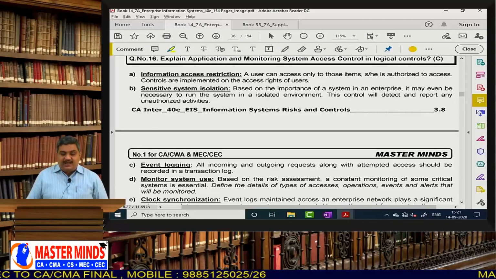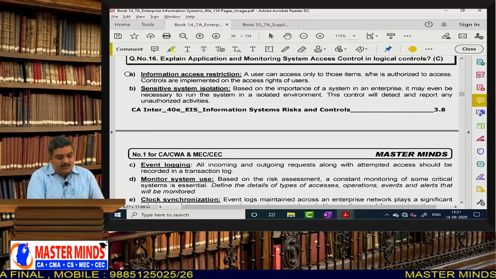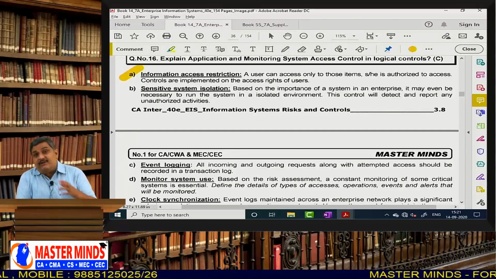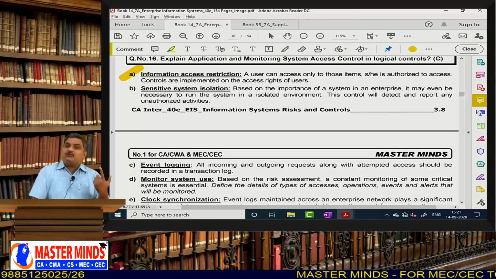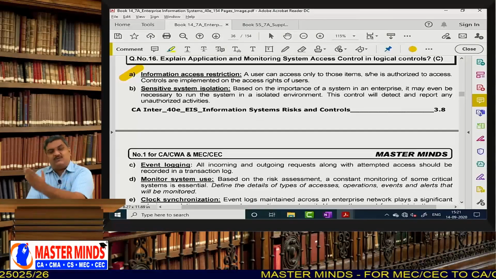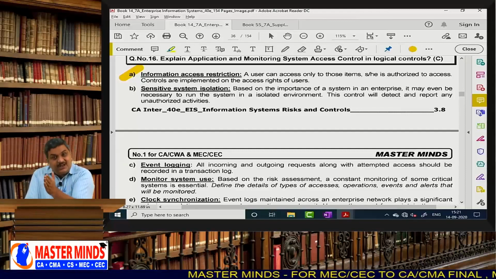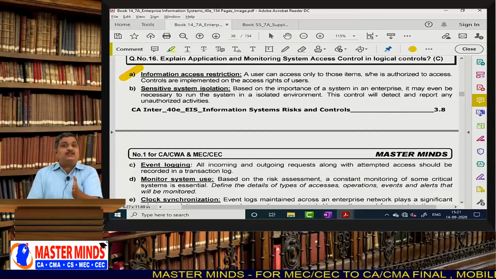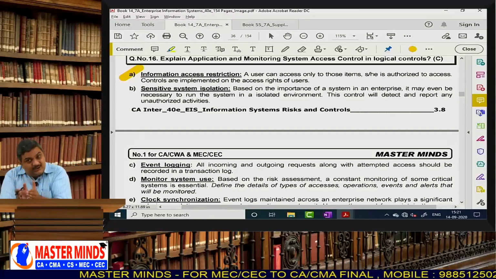First one, information access restrictions. That is, we should not give anyone permission to access all files. I have told you in the beginning, roles and responsibilities. What role he is playing, what responsibilities he will have. In order to discharge his responsibilities, what data is required, what applications are required.